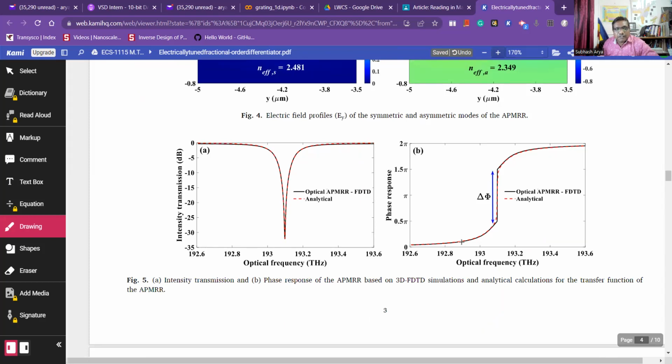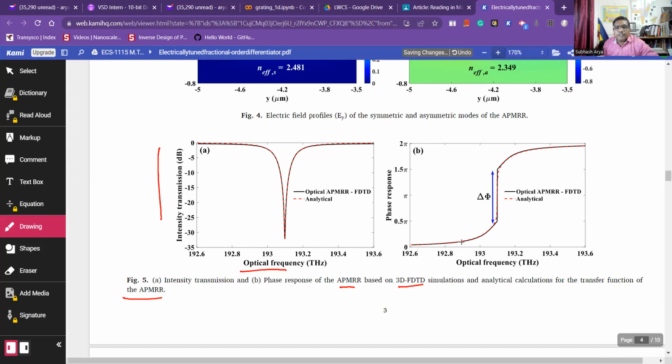The intensity transmission and the phase response of an all pass microresonator based on 3D FDTD simulation and analytical calculation for the transfer function of the APMRR. So this is the intensity transmission, and this is the optical frequency here.